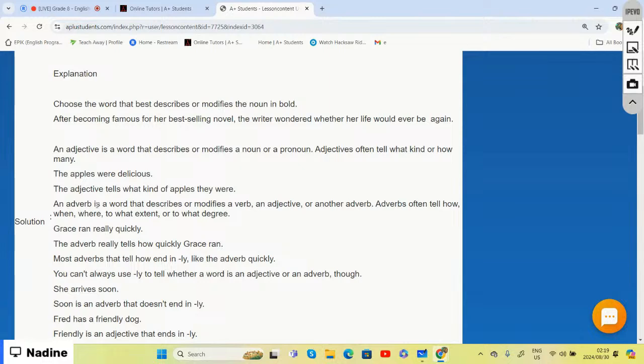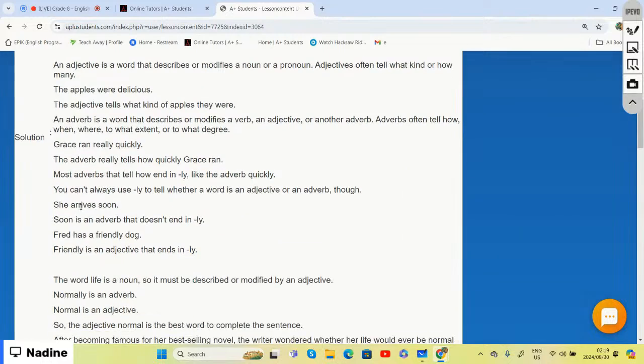And we see, especially when it comes to adverbs that tell us how, it basically ends in ly, because it tells us how something is being done, either really quickly or hurriedly.